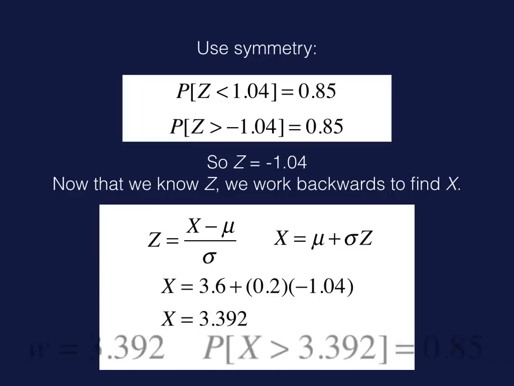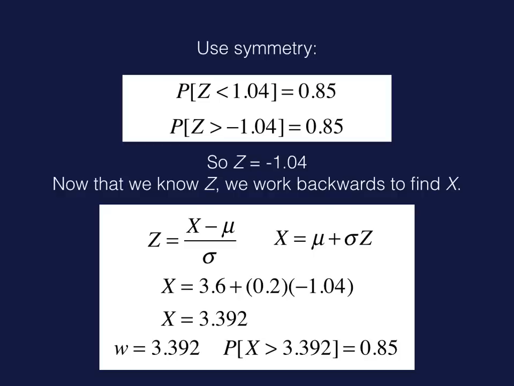So that is W, the number such that the area to the right of it is 0.85. That's how you do percentiles. You look around in the middle of the table to find that area, or as close as you can to it, and that gives you z, and you plug in z to find x.